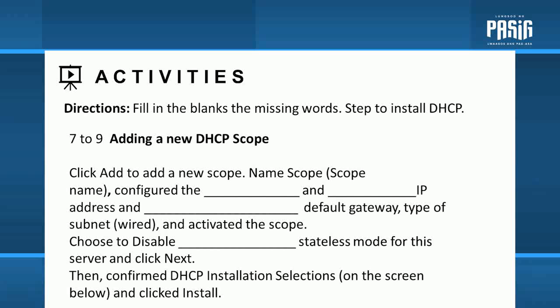Choose to disable blank stateless mode for this server and click Next. Then, confirm DHCP installation selections on the screen and click Install. The answer is starting, ending, subnet, and DHCP v6.